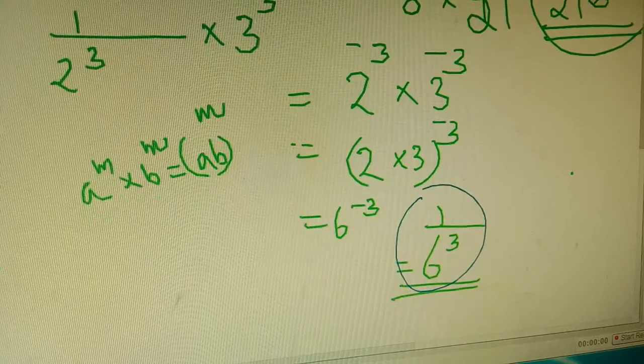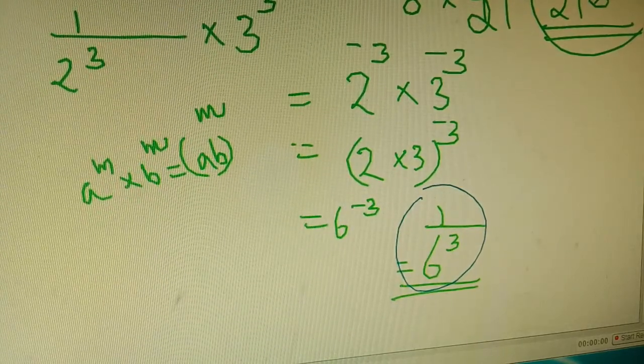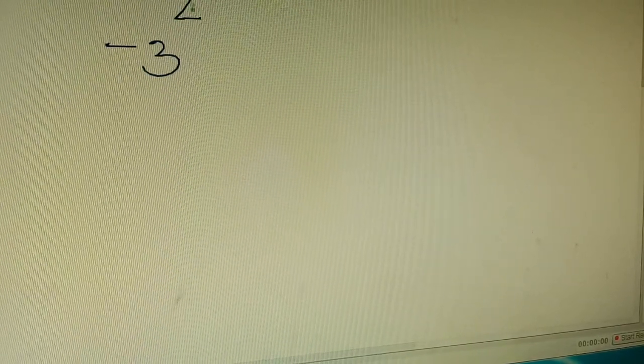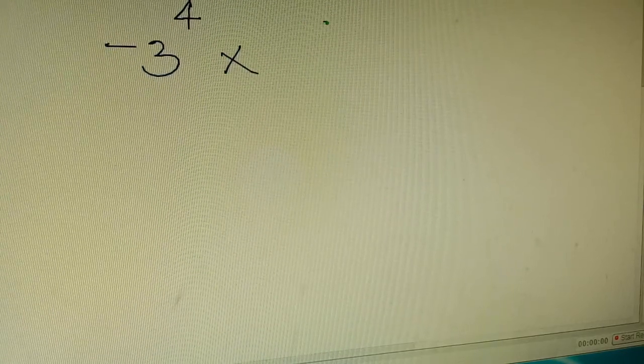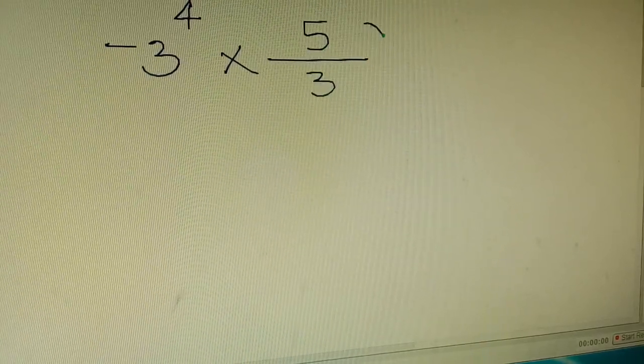Okay. Now after doing one more question we can complete. Now the question is this way: minus 3 to the power 4 times 5 by 3 to the power 4.